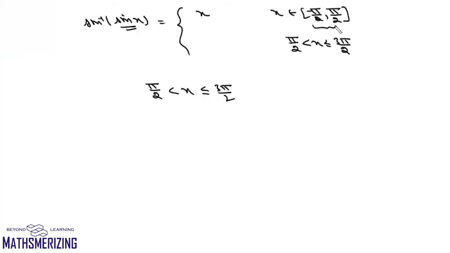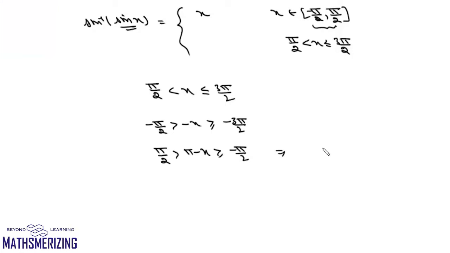So what we'll do is we'll multiply with minus sign. So we'll write minus pi by 2 is greater than minus x is greater than or equal to minus 3 pi by 2. Now we'll add pi. So we'll write pi by 2 is greater than pi minus x, it is greater than pi minus 3 pi by 2, which is minus pi by 2.